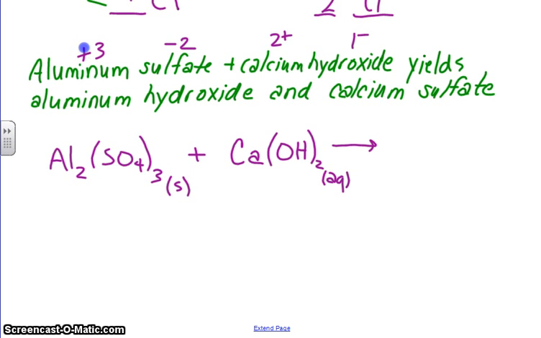Yields, and I'm going to run out of room, but aluminum hydroxide, which aluminum again is +3, hydroxide is -1, so we're going to end up with Al(OH)3 plus calcium sulfate because we need to balance a 3 charge. Ca(SO4)3.